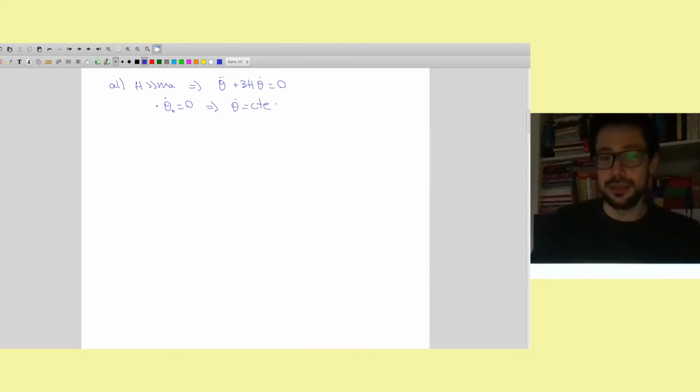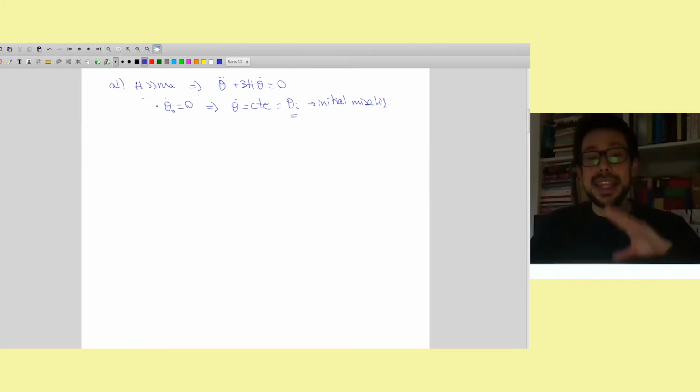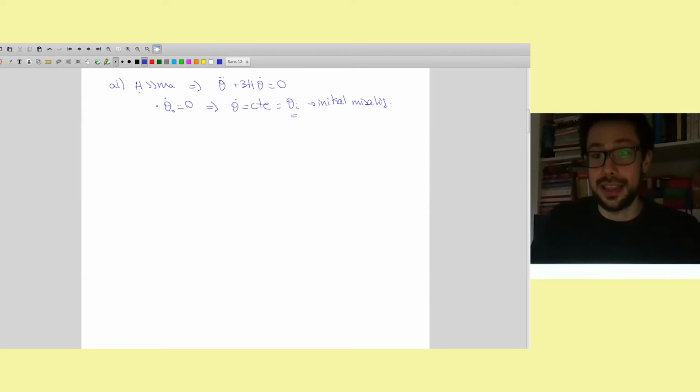So if we start with a given initial misalignment theta_I in this regime, the axion field will remain completely frozen. That means that the axion field will be constant at the initial misalignment value, due to this Hubble friction that is setting it in place.